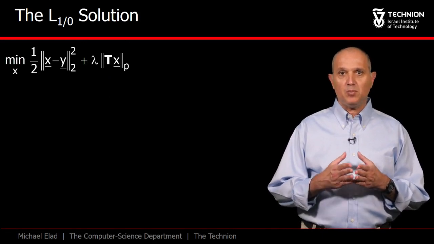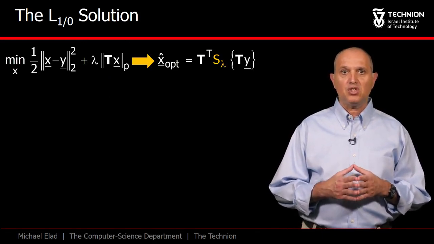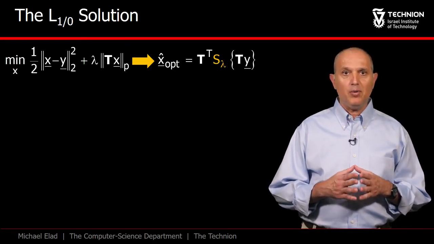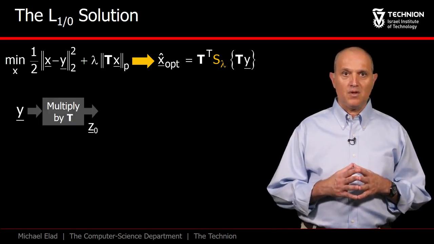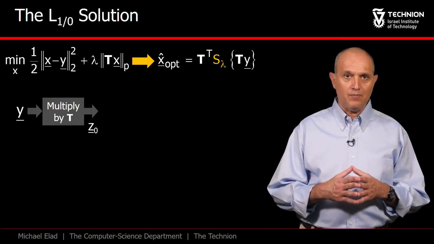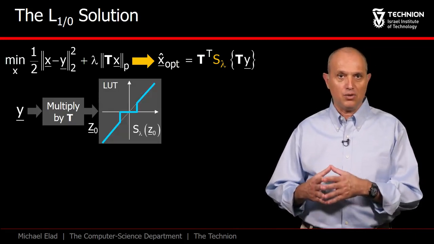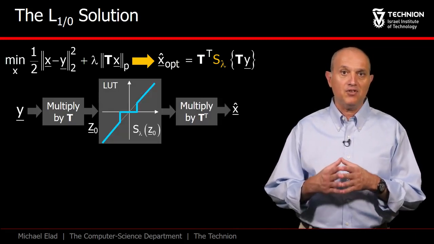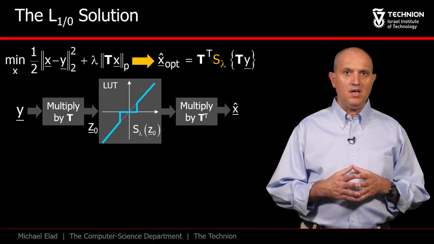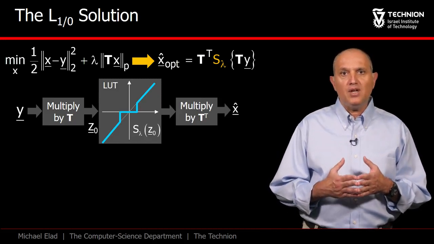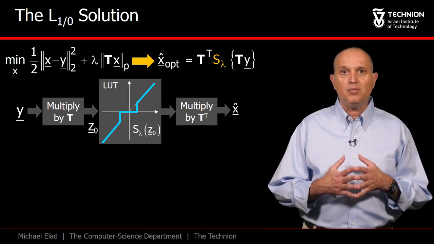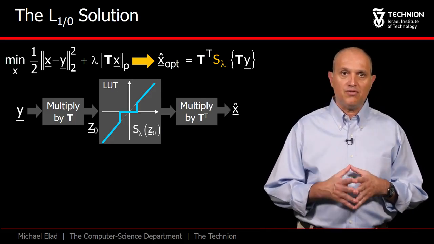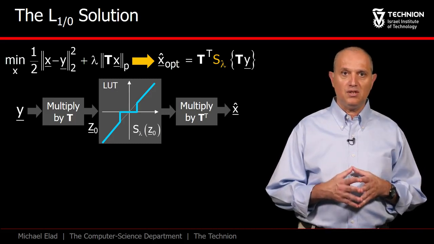So, solving this optimization task led us to this closed form expression, where the operator S lambda applies the thresholding. The process starts by transforming y, then applying the hard thresholding, and finally applying an inverse transform. By the way, in case you were wondering, if we would have chosen p to be 1, the optimal solution would have been obtained using this red curve, known as soft thresholding.